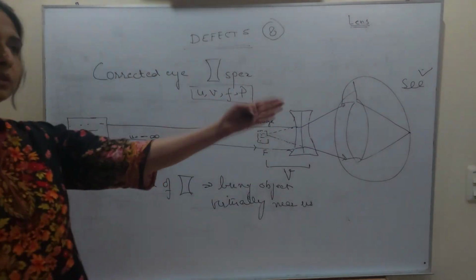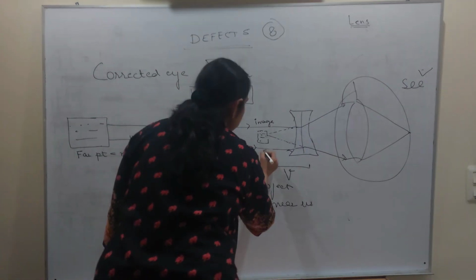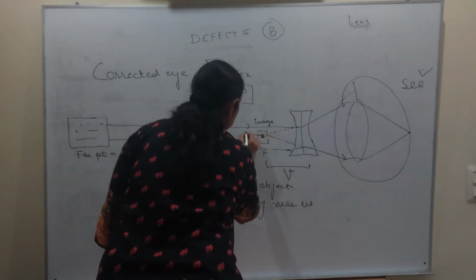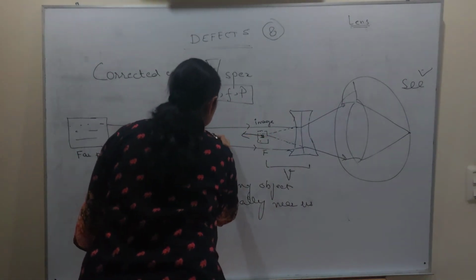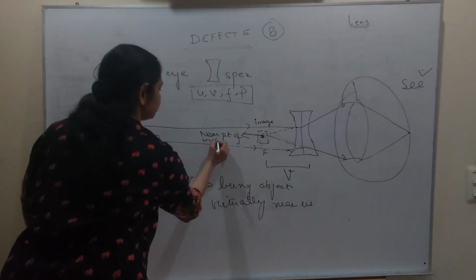The far point has been brought a bit closer. That's why this point is also known as the near point of the myopic eye.